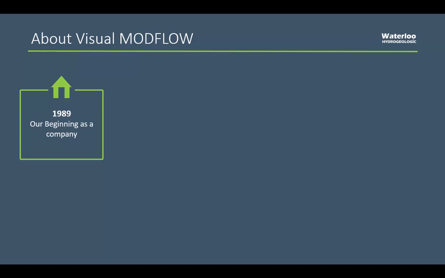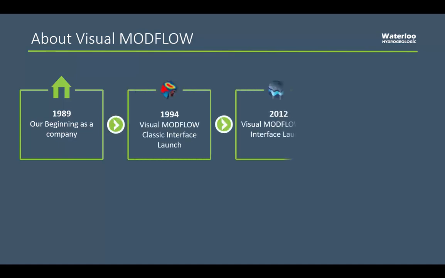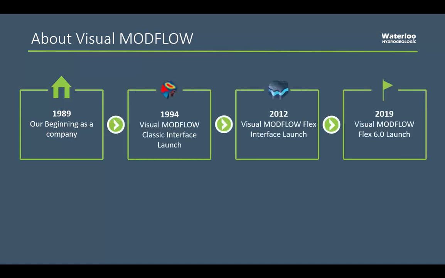So, again, we're here to talk about the transition from the classic interface of Visual MODFLOW to what we call the Flex interface. So Visual MODFLOW has been around for almost 30 years now. Waterloo Hydrogeologic was founded in 1989 with a program called FlowPath.